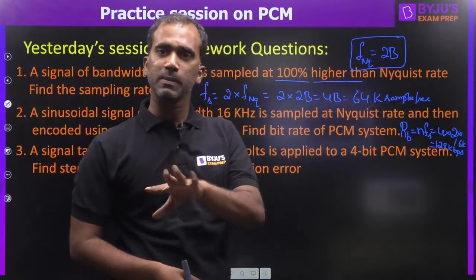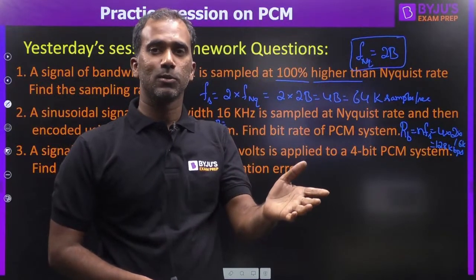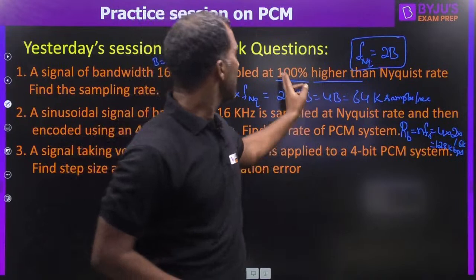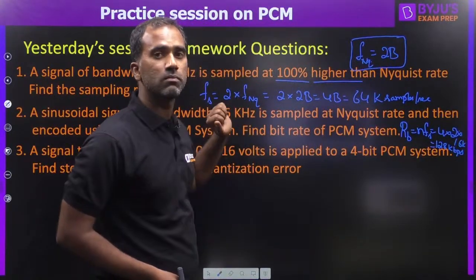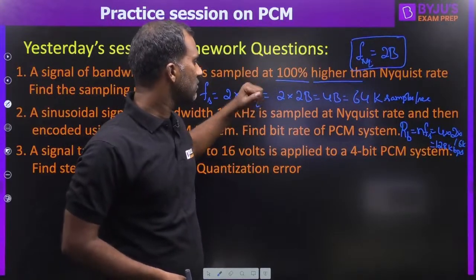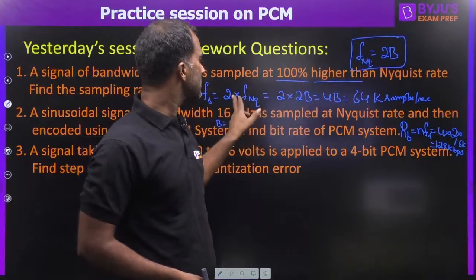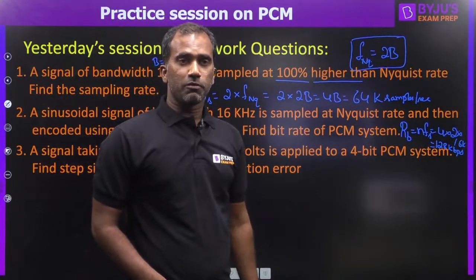There is a difference between 100% higher than Nyquist rate and 100% of Nyquist rate. I hope you are getting the difference. If I say 20% higher than Nyquist rate, instead of 2, I'll put 1.2, because Nyquist rate is original, and 20% higher means it's 1.2. The factor is 1.2. I hope you're following.